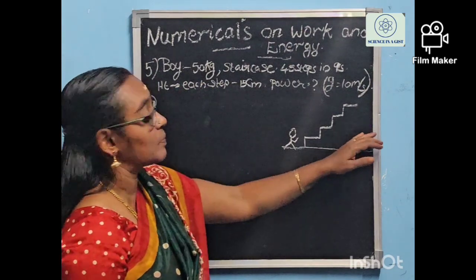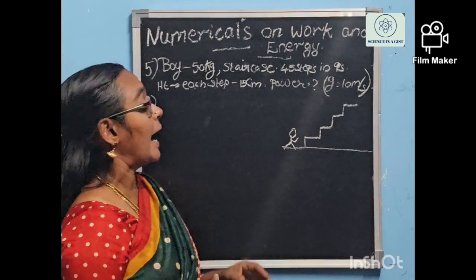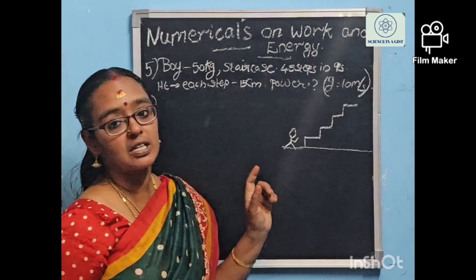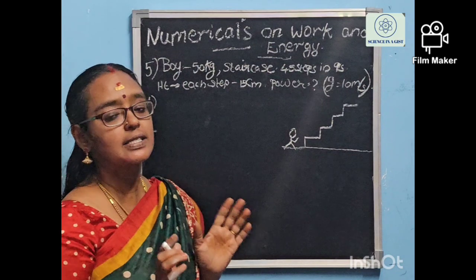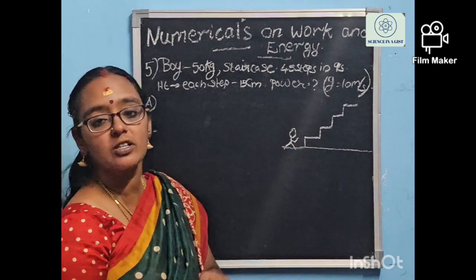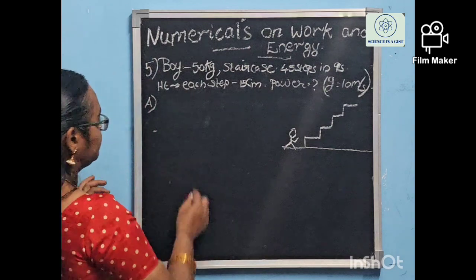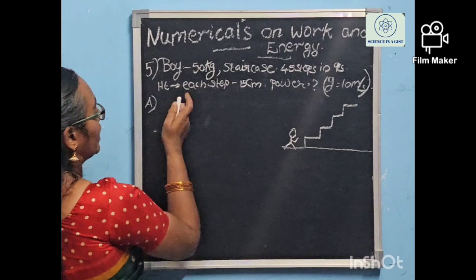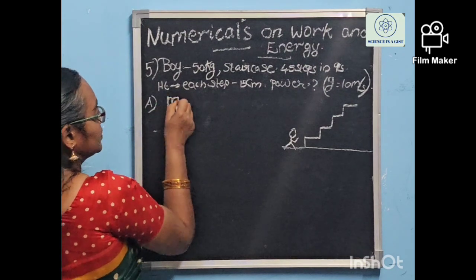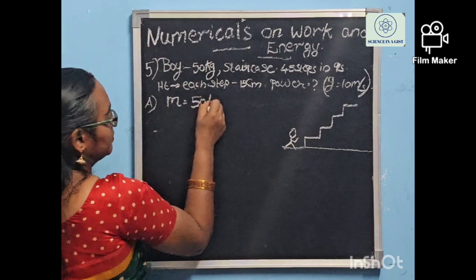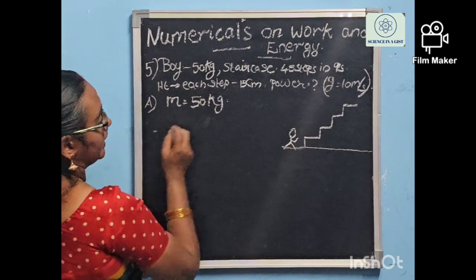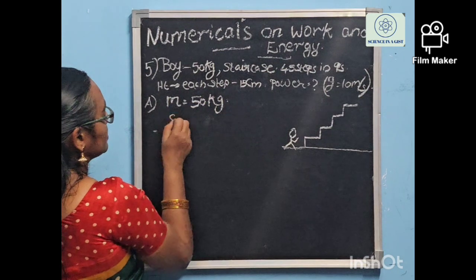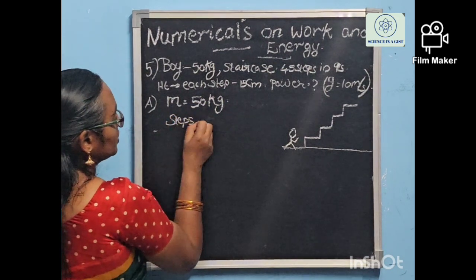Okay, how many steps are there? 45 steps are there. And what is the height of each step? That is 15 cm. All these things have been given and they are asking what is the power. Okay, can we do? The required drawing we have done, and for now we are writing the things. Mass is equal to 50 kg and steps 45.